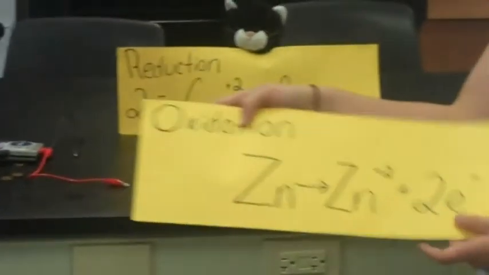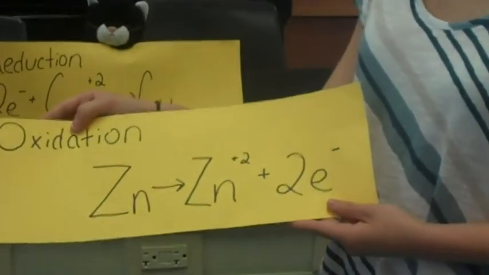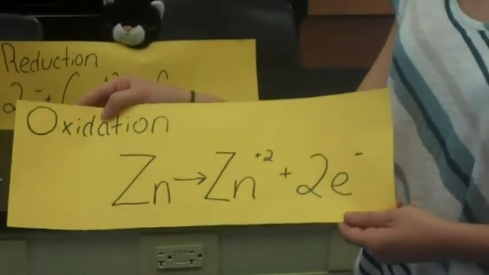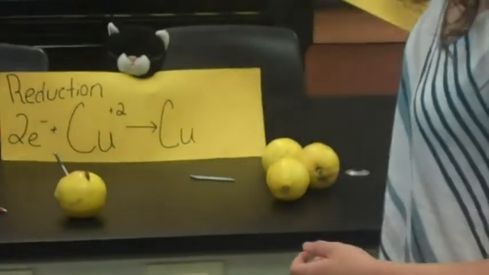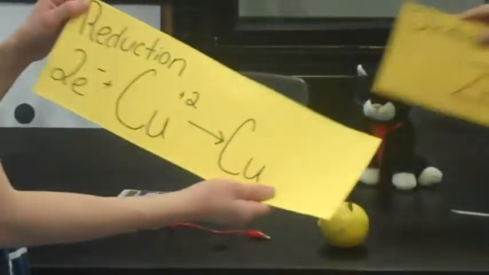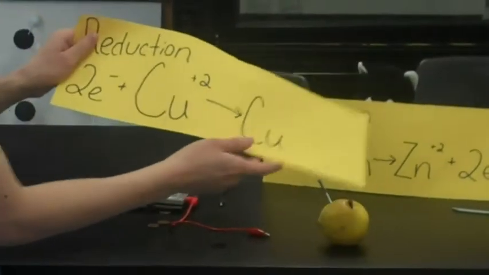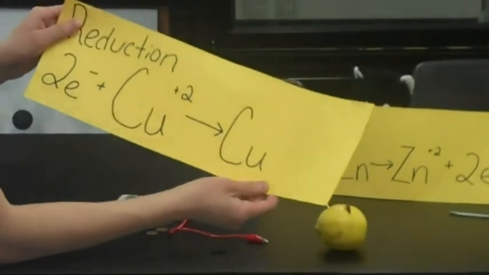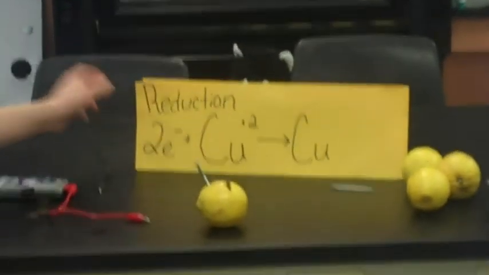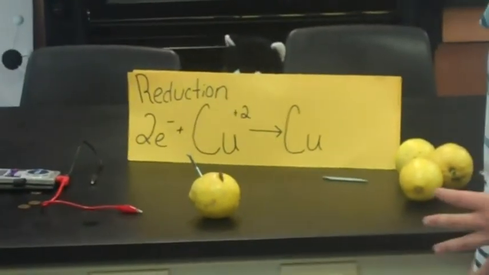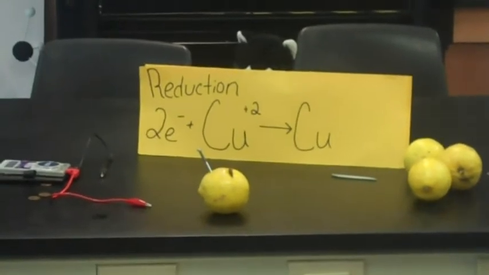Let's look at the reaction. So first, on the zinc nail side, the zinc solid is being oxidized and turning into Zn2+, and it's releasing electrons to flow. These two electrons will move to the copper side. Here, 2e- + Cu2+ yields copper solid. And the lemon is acting as an electrolyte to allow the electrons to flow.